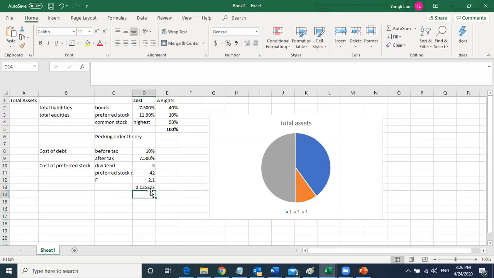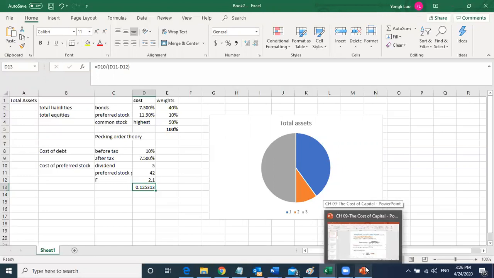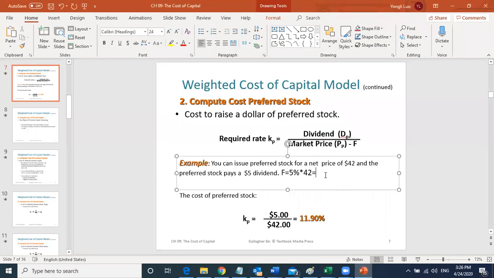Your preferred stock cost will be higher when you include the flotation cost. But in this one, we do not have a flotation cost. If they have a flotation cost of about 5%, you need to subtract that.